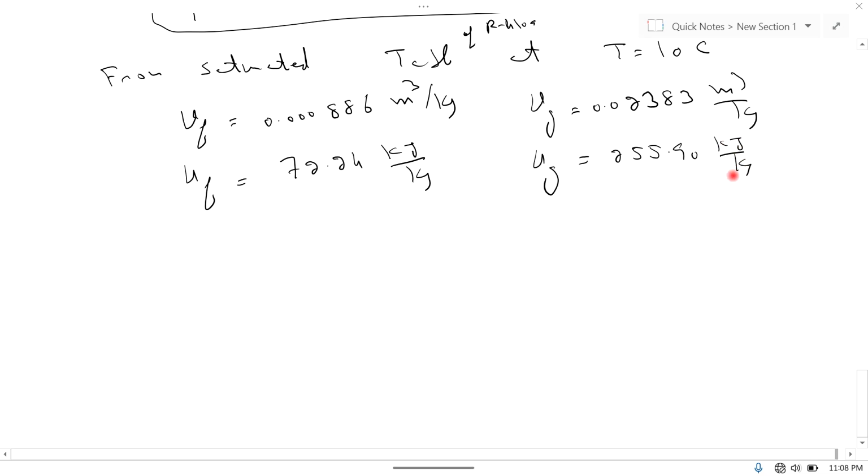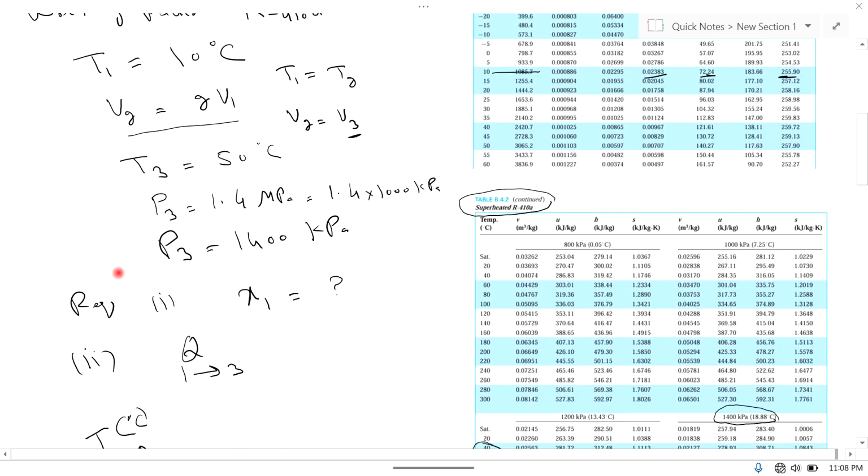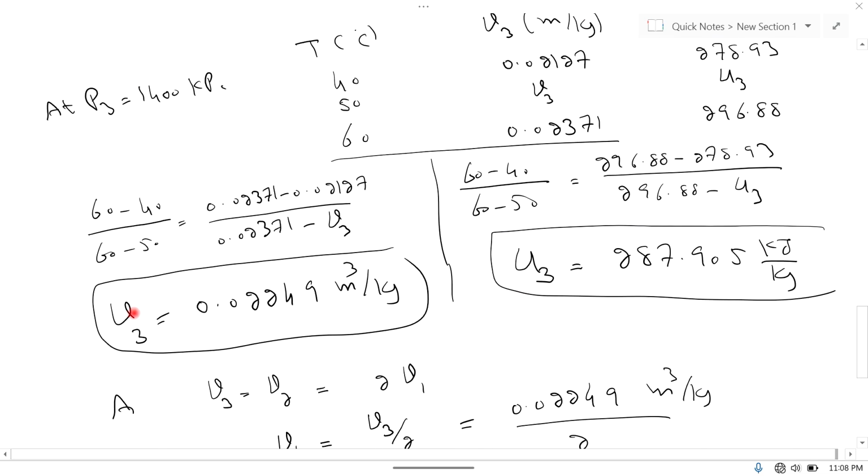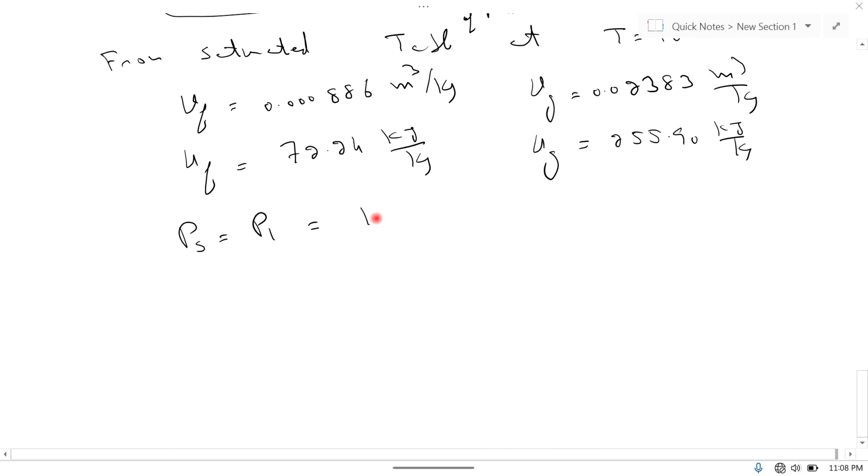Similarly, we can find P1, because P1 is the saturation pressure, which is equal to 1085.7 kilopascal.